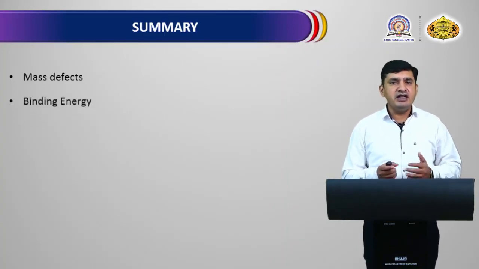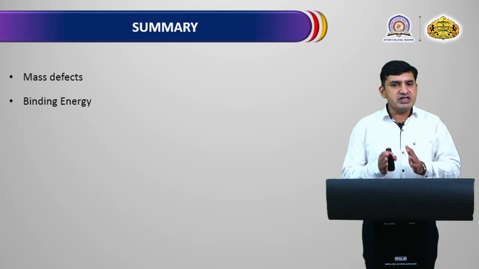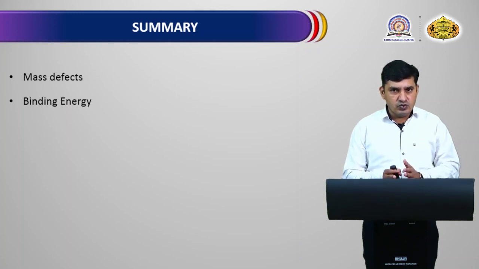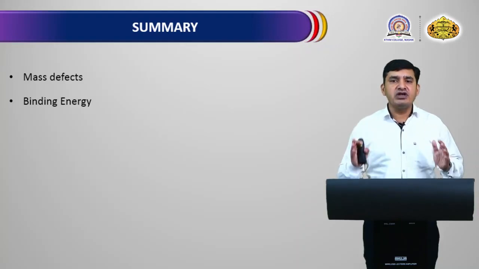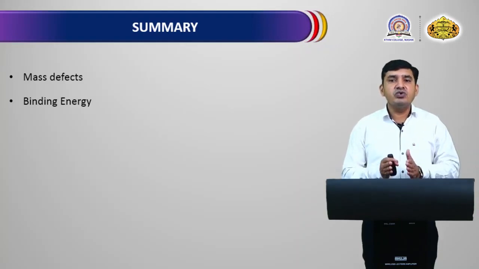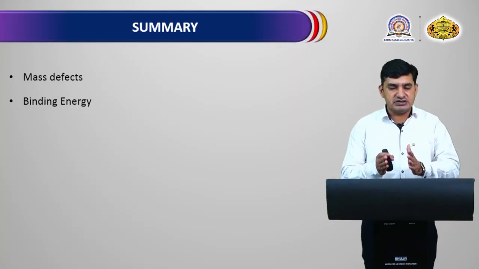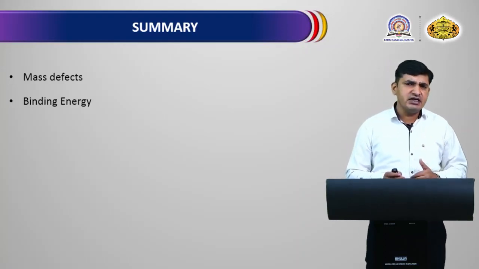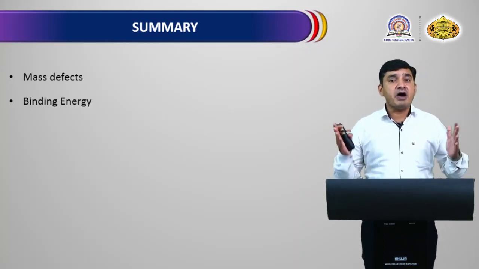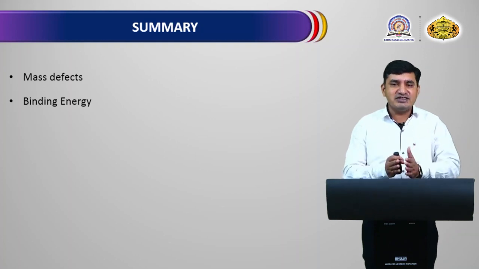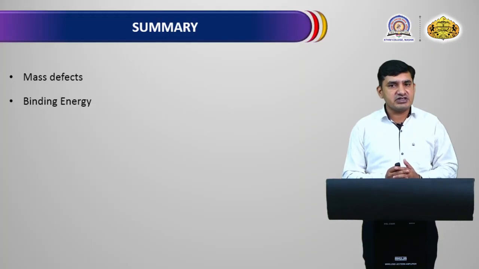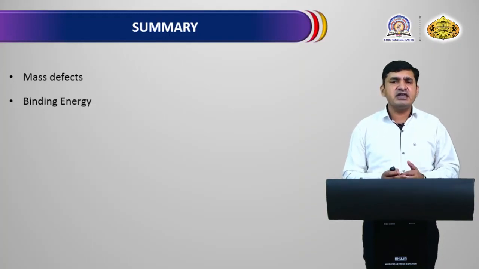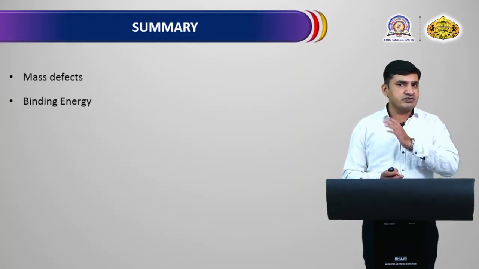So, this difference between the mass of the constituent nucleons and the actual mass of the nucleus is the mass defect. Now, binding energy: the energy required to separate the nucleons from a nucleus is known as binding energy, or we can say that the energy required to bind the nucleons in a nucleus is the binding energy. According to Einstein's energy-mass relation, E is equal to mc².